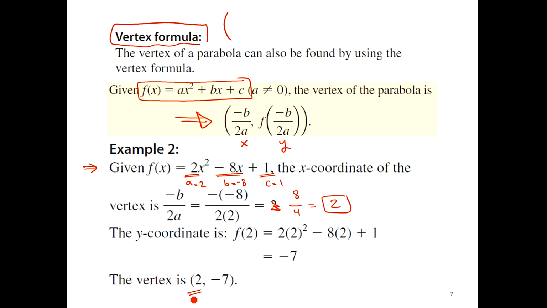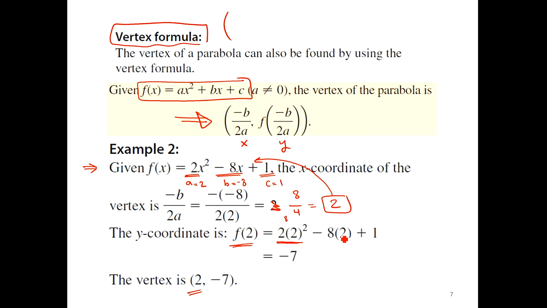So the x-coordinate is done. Now we need to find the y-coordinate. Substitute this in the function. So we have f of 2 equals what? 2 multiplied by x squared, we have 2 squared, this is 8.